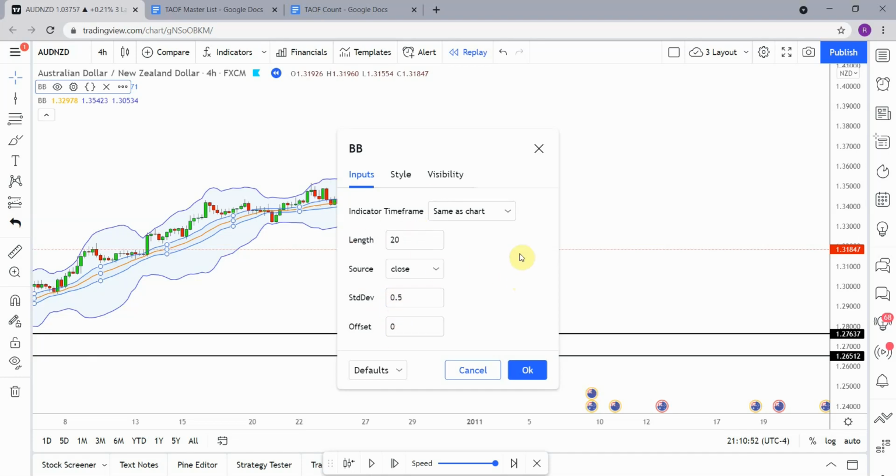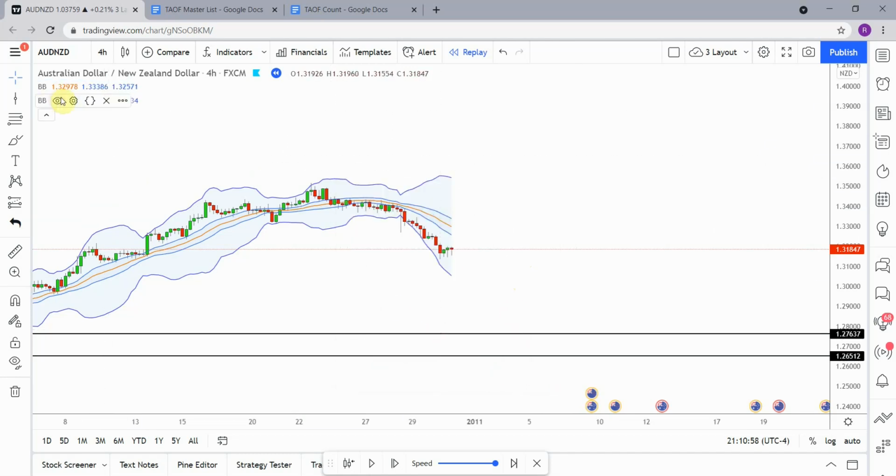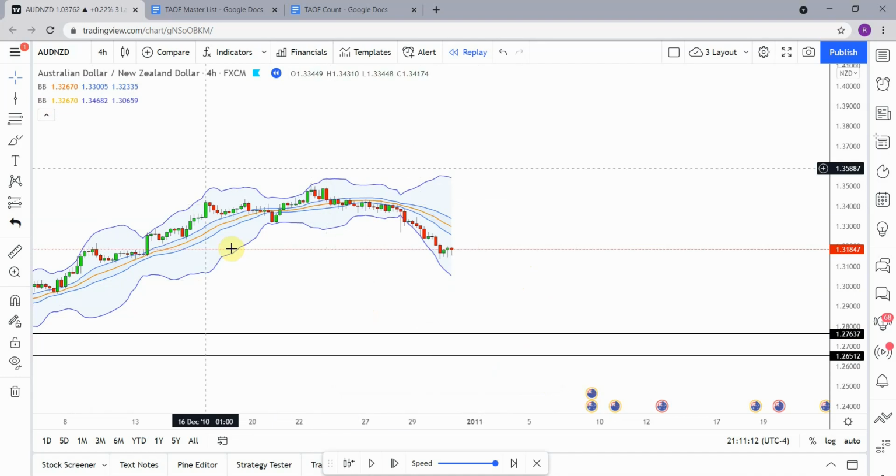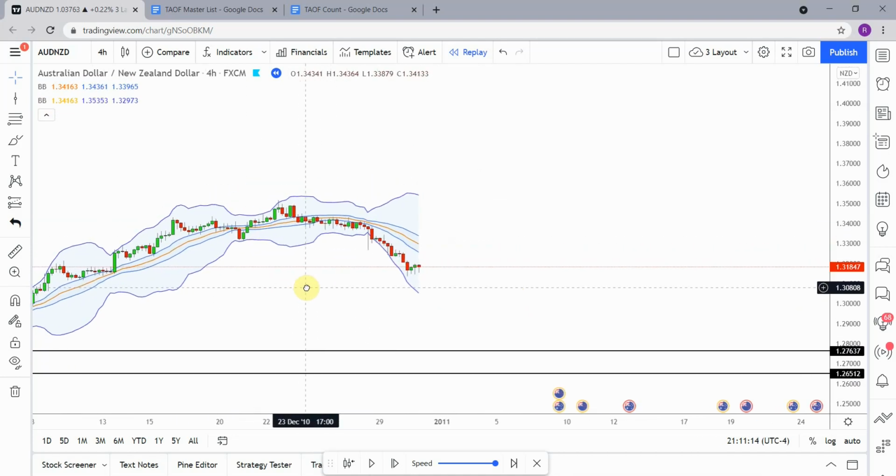Length is 20. The rest of the settings are default. On the second one, we're also going to have a length of 20. Rest of the settings are default except for the deviation. We're going to have the deviation on 3, a 3 standard deviation. It'll give you a setup that looks like this.